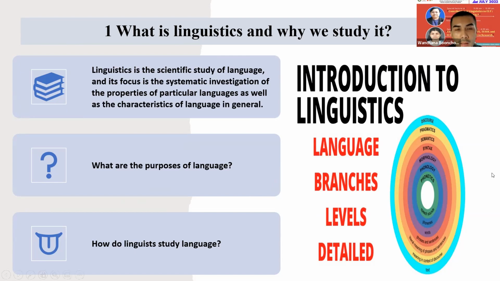I think linguists can divide language into many parts, from the smallest to the biggest, according to the picture on your right hand. It starts from phonetics to discourse. The smallest is phonetics, and the biggest is discourse. Thank you.